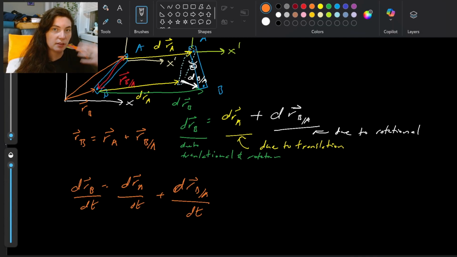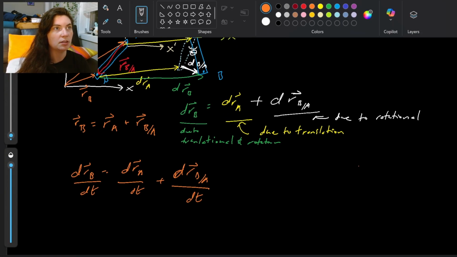Take those derivatives of positions, we're going to get velocity. So this gives us a velocity relationship where the velocity of B is going to be the velocity of A plus the velocity of B with respect to A.